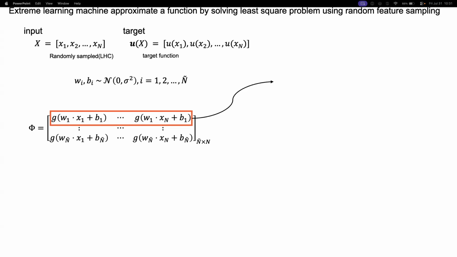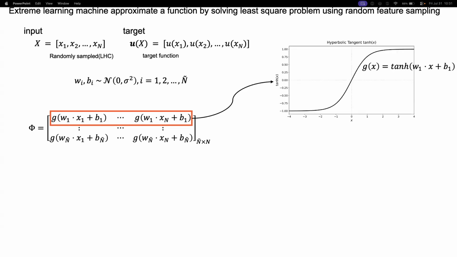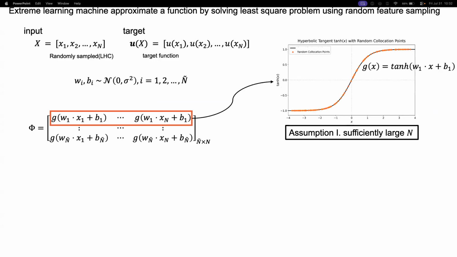If we take the activation as the hyperbolic tangent, and assume n, the number of input collocation points, is sufficiently large, then we can properly approximate the hyperbolic tangent curve. So each row of P represents a basis function.